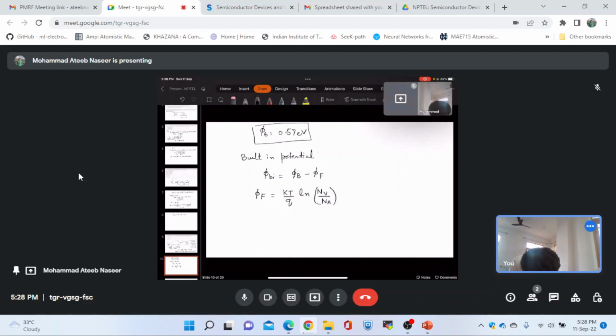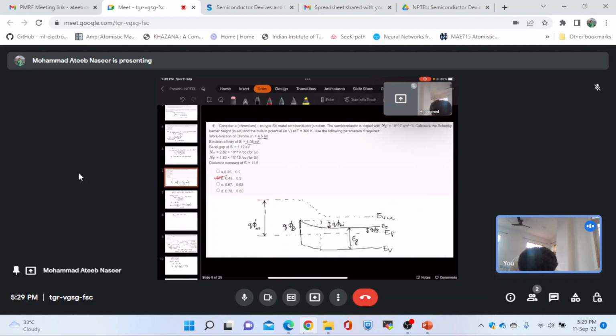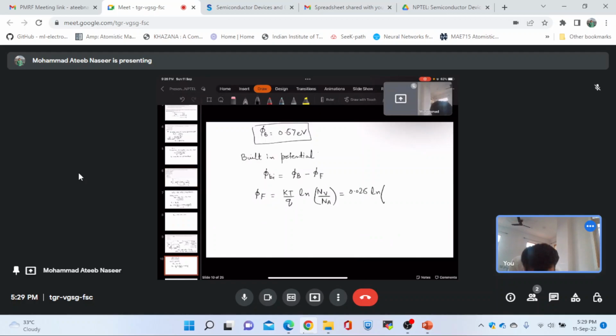Now kT by q is equal to 0.026. Na is 10 to the power 17, nv is 1.83 into 10 to the power 19. So nv by na is 1.83 into 10 to the power 19 divided by 10 to the power of 17.